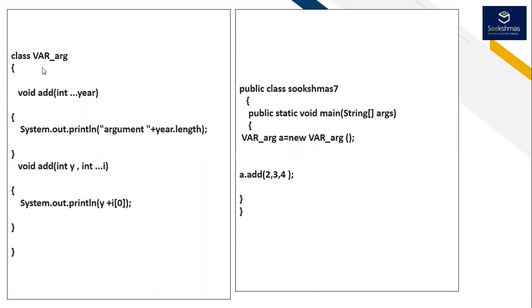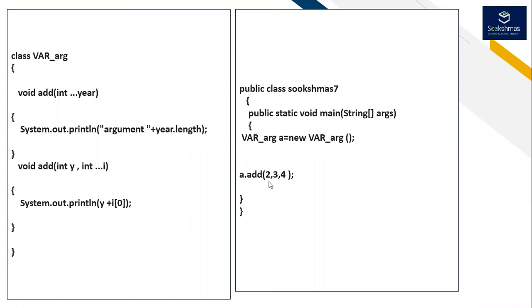Next code: class VarArgs, and we have a method called void add. This one has a variable argument parameter, and here is another void add. So one is an integer, and another is a variable argument belonging to the integer type only. Now here, I have created the object for the class VarArgs, a is equal to new VarArgs.